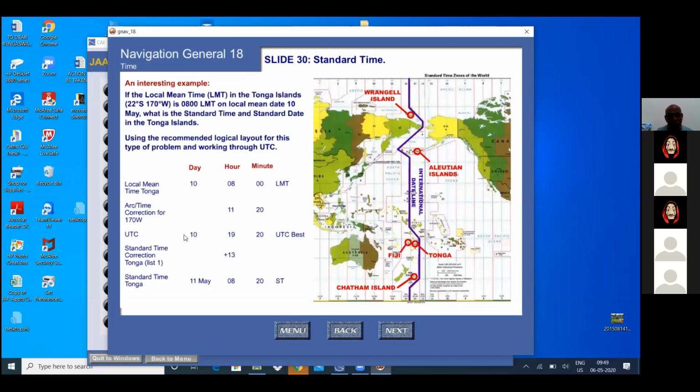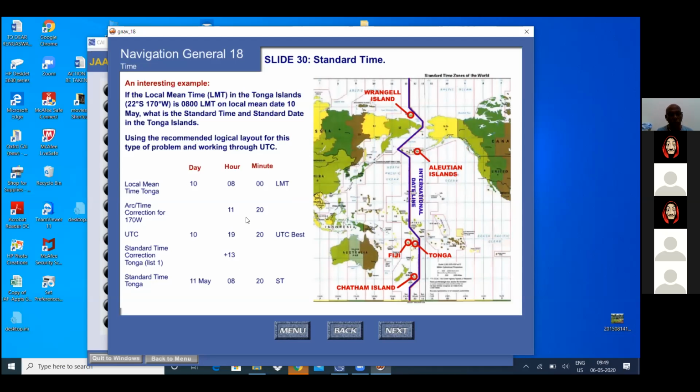Once you get UTC, and this is on the 10th, you have to now apply the correction for standard time to get the standard time of Tonga. So what is the standard time correction? Over here, you see it is 13 hours. You cater for 13 hours mainly to get it on the same time as Fiji.